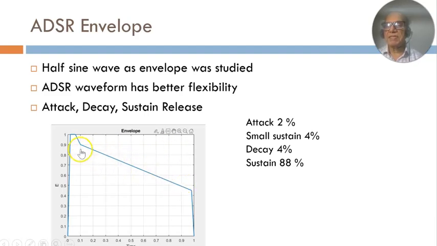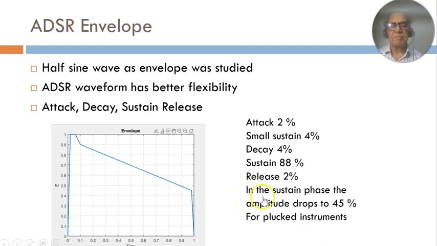In this particular example it is changing from 0.9 to 0.45, and this is the longest phase of this envelope, 88% of the time. Finally release, in which case it goes from 0.45 to 0 in a short amount of time, that is 2%. And of course all these percentages must total to 100%, and you can check that easily, it does indeed.